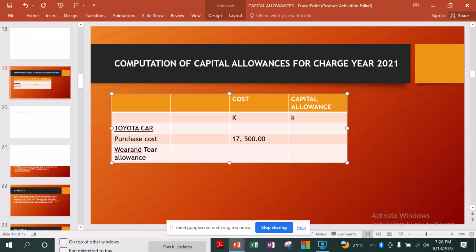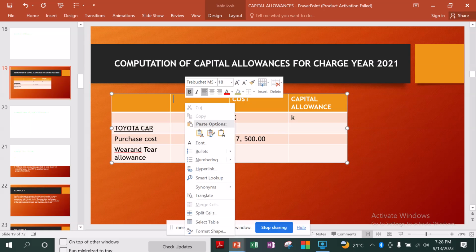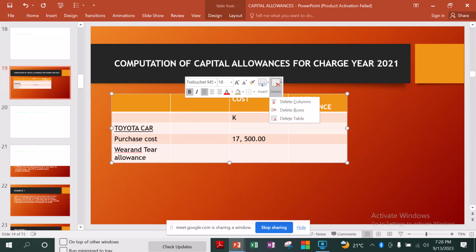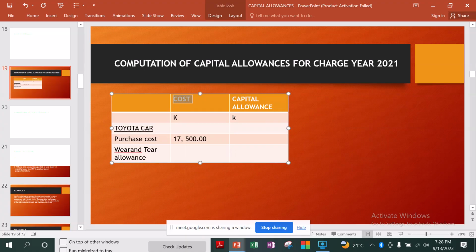Okay, remove this one. Okay, and tear allowance at. Since the motor car is non-commercial, the rate is 20%.